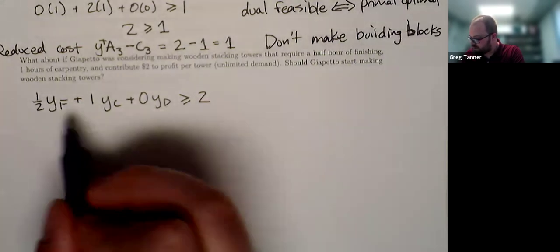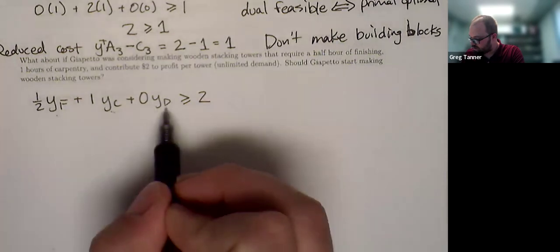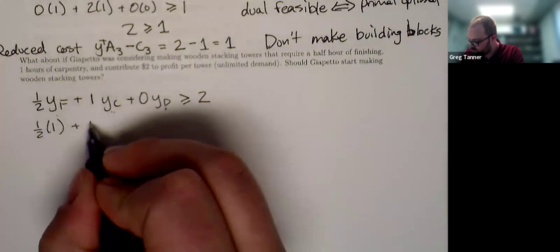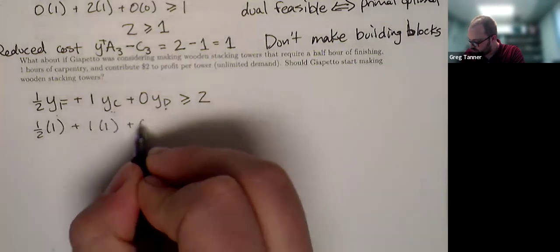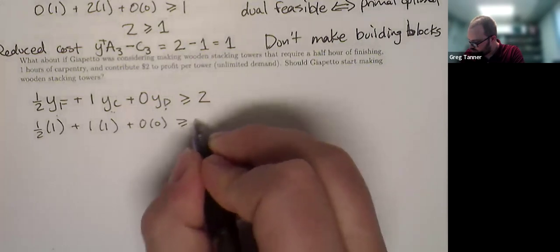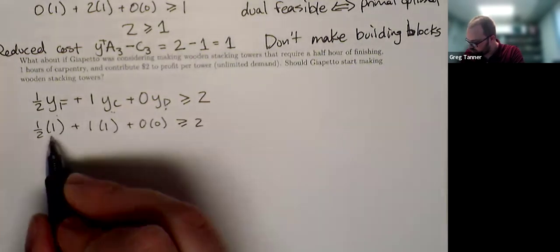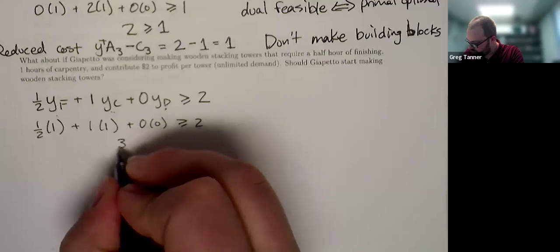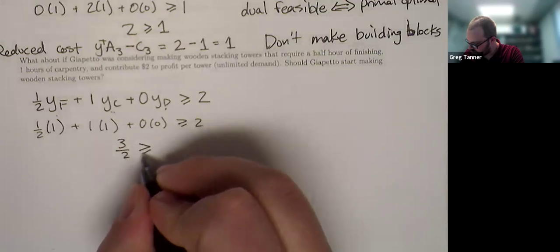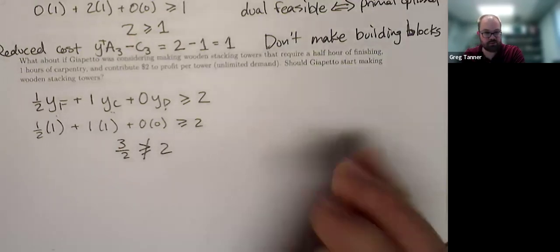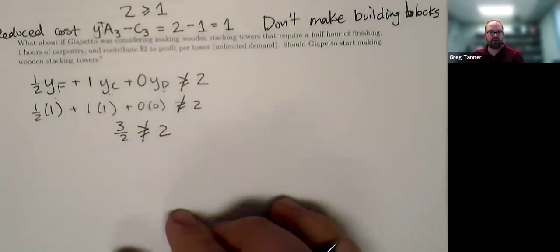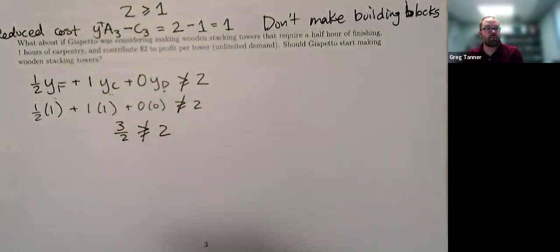Plugging in the current values of yF, yC, and yD, we'll get 1/2 times 1 plus 1 times 1 plus 0 times 0, which should be greater than or equal to 2. And this gives us 3/2. We'll notice that that's not greater than or equal to 2, so maybe I'll put the not through the symbol.